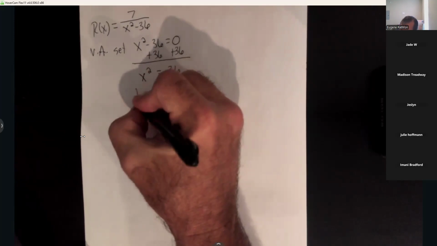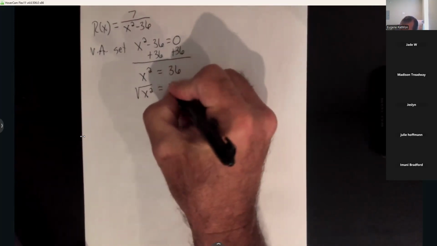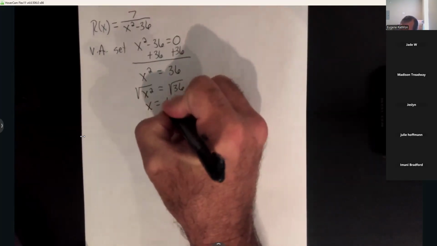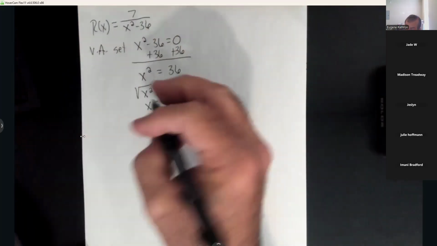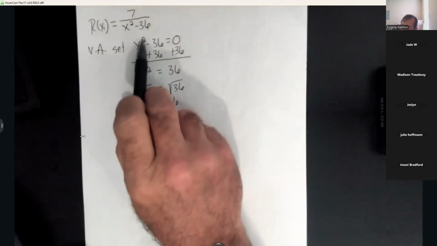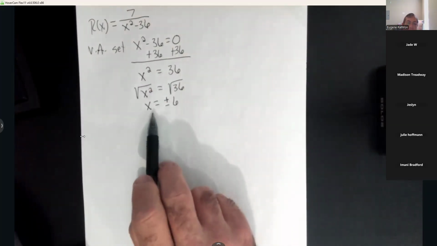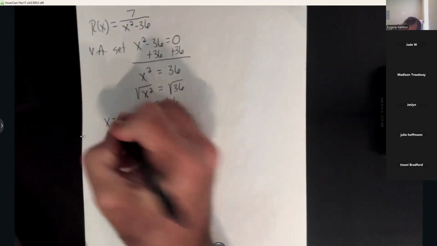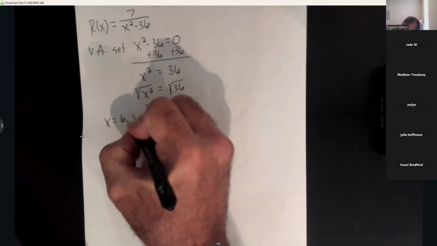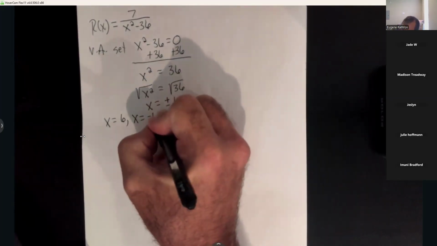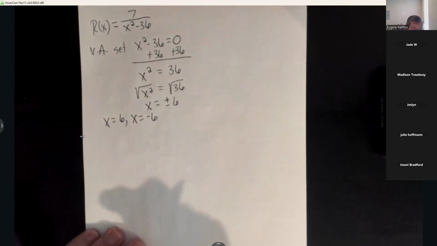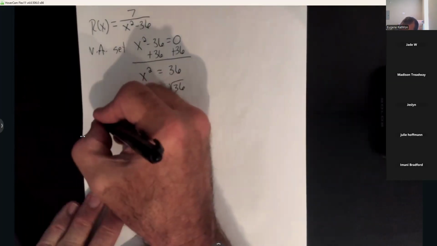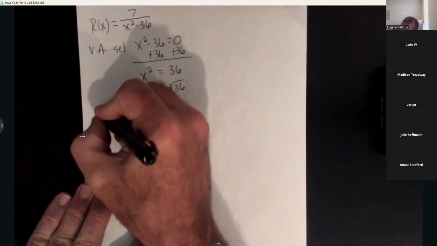All right, so now we do square roots. So square root of x squared is x. Square root of 36 is a plus or minus 6. Remember, x squared, you got to get 2 answers. So my vertical asymptote would be x equals 6, comma, x equals minus 6. Now remember, you got to type them in the form of an equation in MATLAB. So this is what it wants for your vertical asymptotes.